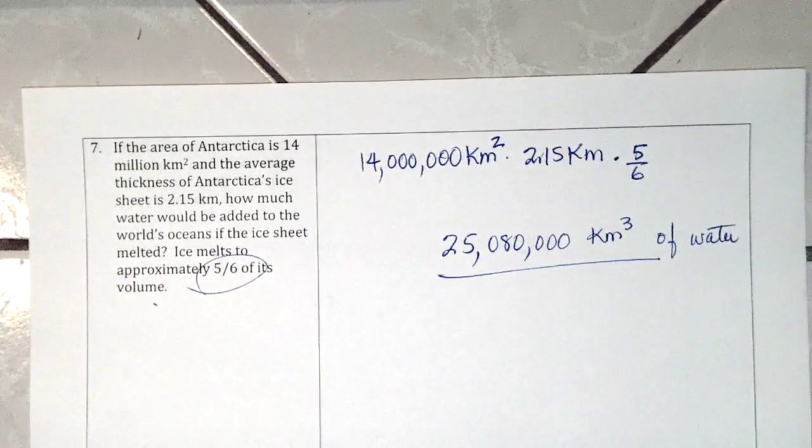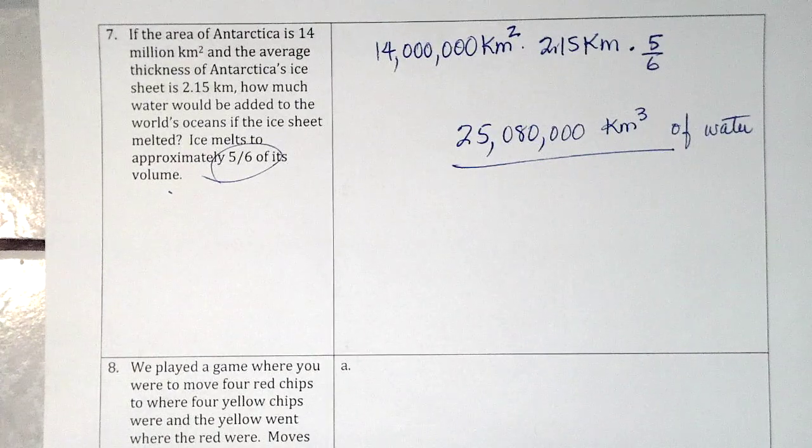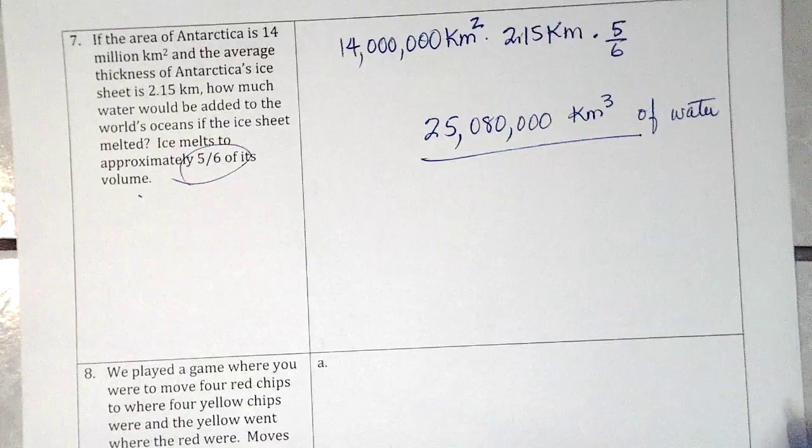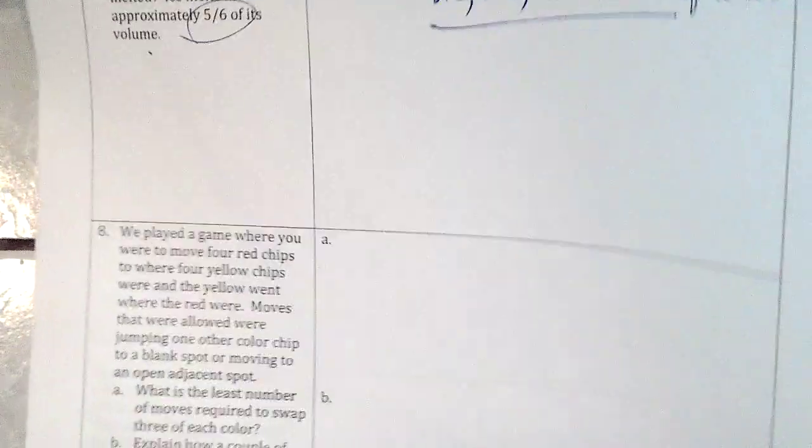That'll spread over the entire globe, or at least the water areas of the globe, and raise the sea level. And that was a problem that you were supposed to have in your melting project, so you should have done that one.